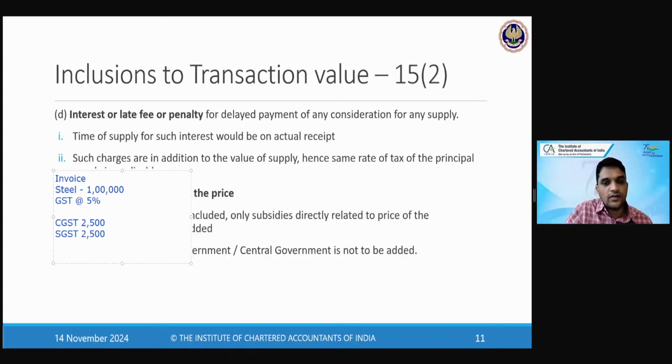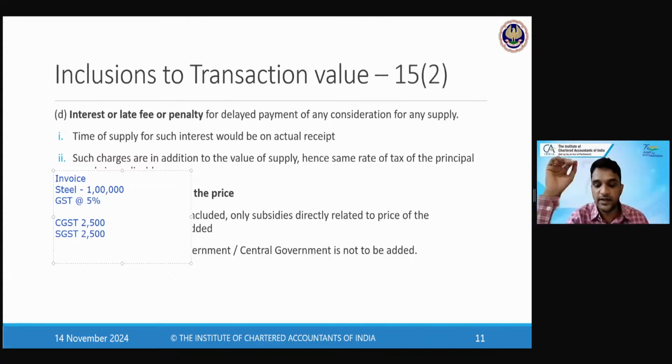Correct. We will issue a debit note, because a reissued invoice will not be possible, because the invoice you have already raised, you have already reported, that is frozen. You cannot issue that invoice with corrections. That is not permitted. But where invoice is issued late by the supplier, no Pallavi, the invoice is not issued late by the supplier. Invoice is issued by the supplier on time. Payment by the customer is made later on.